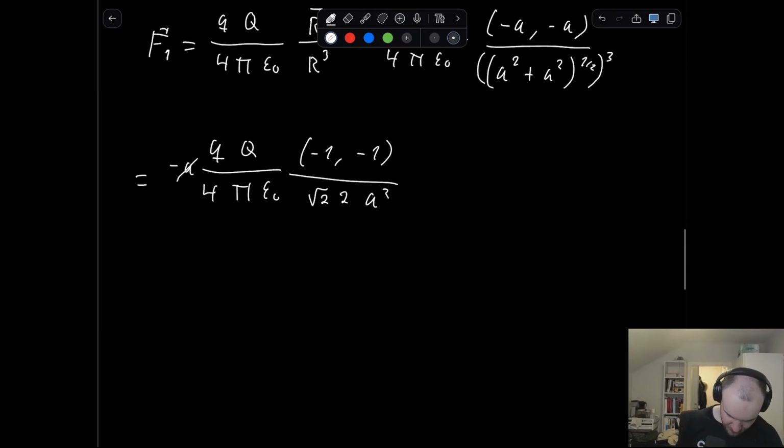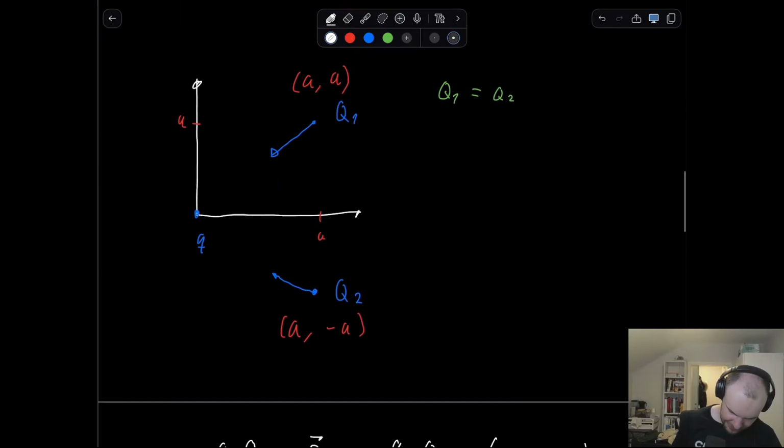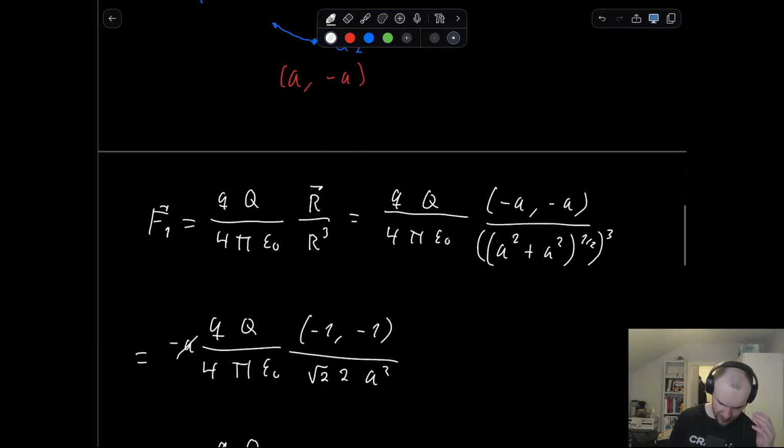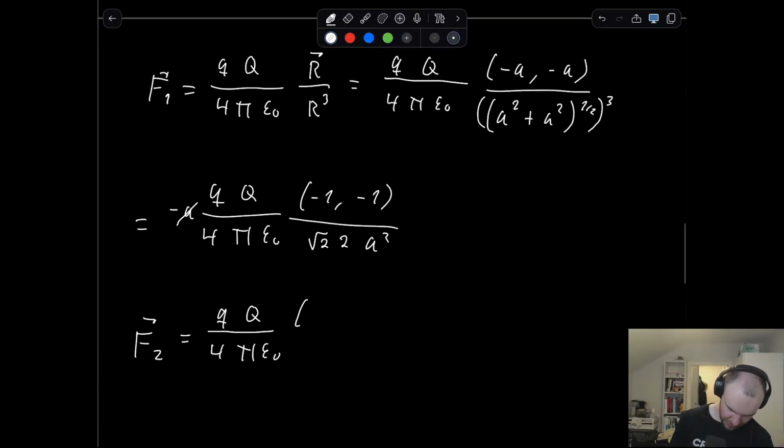Okay. And of course, if you do F2, it should be the same, just the coordinates there are going to be different. So it should get the same. So I should add Q over Q, 4 pi epsilon 0. Instead of minus 1, in order to get back, I have to go up. That's positive. So I, of course, have 1.